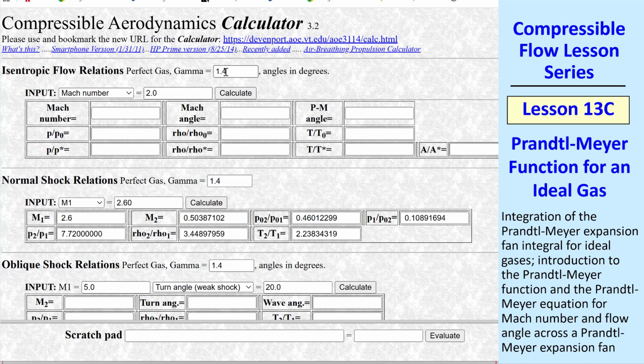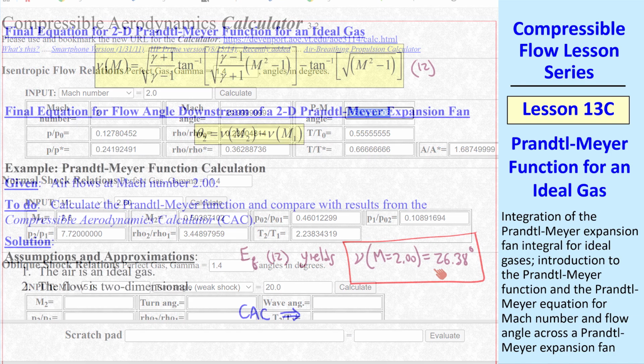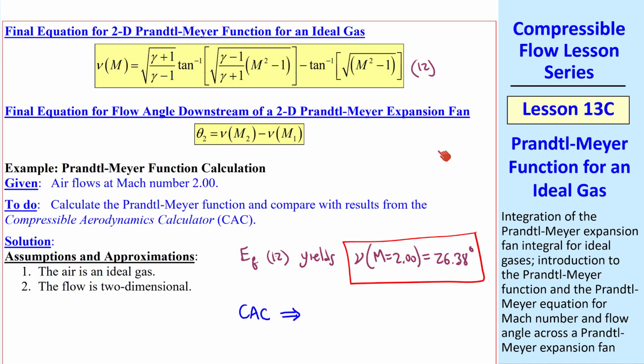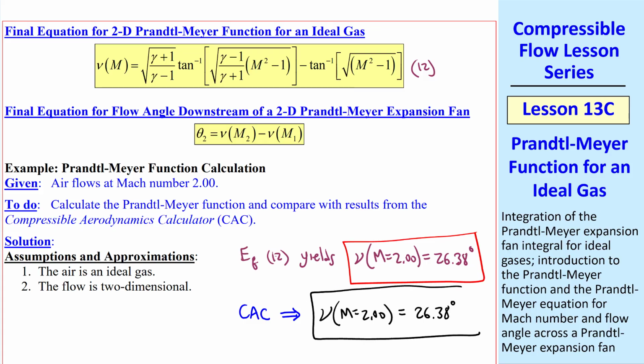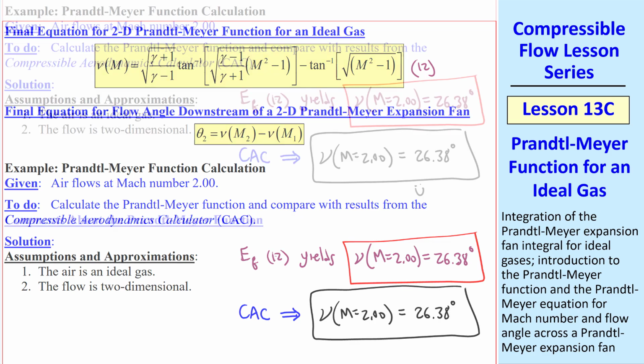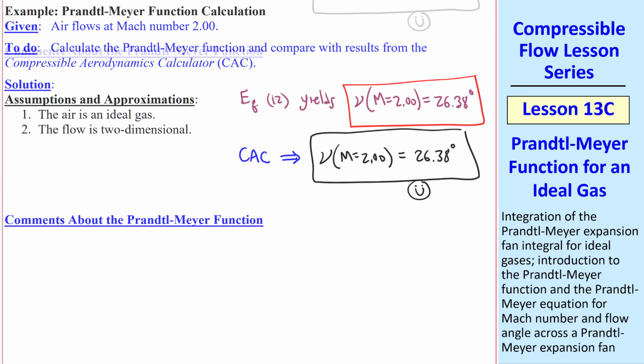So for gamma equal 1.4 and Mach number 2.0, we just hit calculate, and we see our Prandtl-Meyer angle as 26.38, which agrees with what I got when I plugged in 2.0 and 1.4 into equation 12 on my calculator. In other words, the CAC gives us the same answer to 4 digits here, which makes me happy.